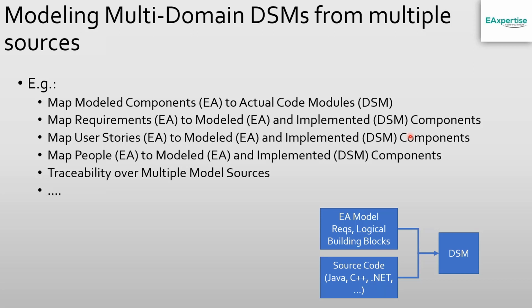But I can also map requirements to modeled elements in EA and implemented components in source code. I can also map user stories to modeled elements in EA and implemented components or data tables. I can map my staff to modeled elements and components. So I can have traceability over multiple model sources. And that's where the fun starts.